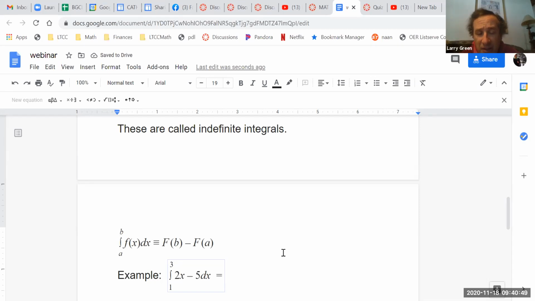So what's the antiderivative of 2x? What function gives me a derivative 2x? Don't need the 1/2. Yeah, just x squared, right? Because it's 2 times 1/2 x squared, and that's just x squared. Now, what's an antiderivative of -5? Yeah, 5x.